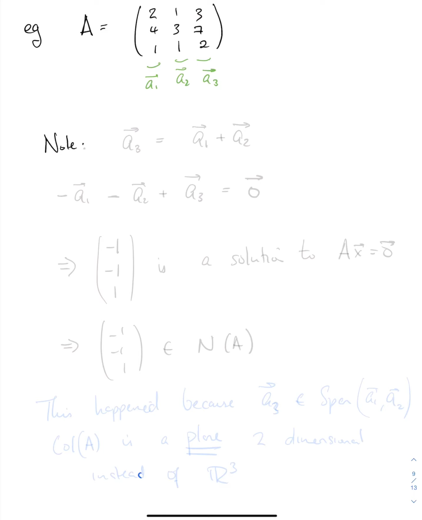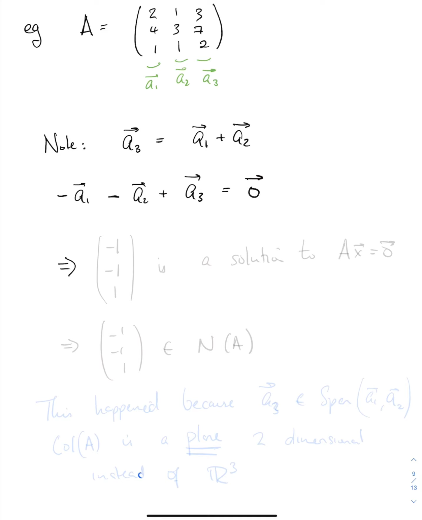Here's something that I don't expect you to know how to figure out right now, but something that is easy to check. A3, the third column of A, is equal to A1 plus A2. This means that minus the vector A1, minus the vector A2, plus the vector A3 is going to be equal to the 0 vector.